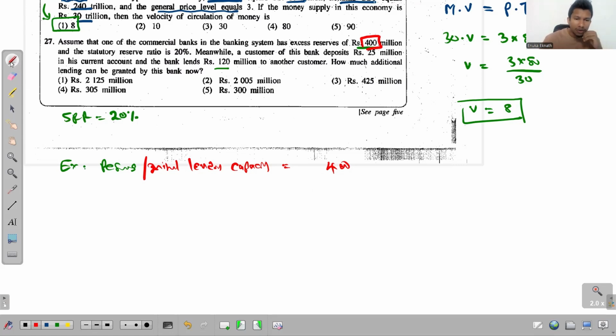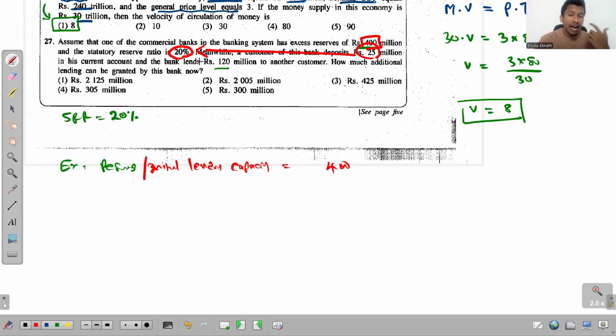And what happens now? A customer comes to this bank and deposits 25 million. We all need to understand this point here. If SRR is 20%, it's compulsory for this bank to maintain a statutory reserve of 20% from this 25 million deposit.